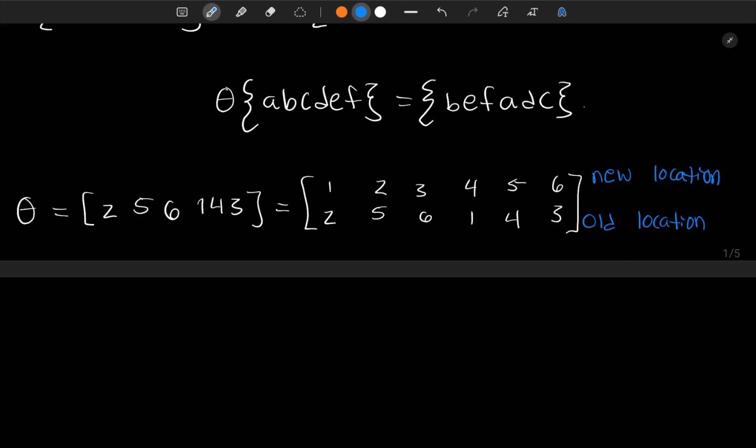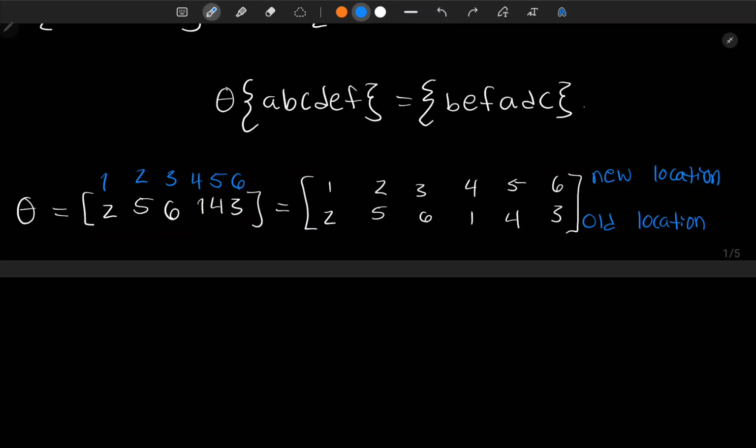What I mean by that is, for the one-line notation on the left here, we already see that 2 is the first element, and 5 is the second element. 6 is the third, 1 is the fourth, 4 is the fifth element, and 3 is the sixth. So you can already see the top line without having to actually write it. Some people write it just to be explicit, but oftentimes one-line notation is used instead because it's easier. You don't have to write a whole other line of numbers.